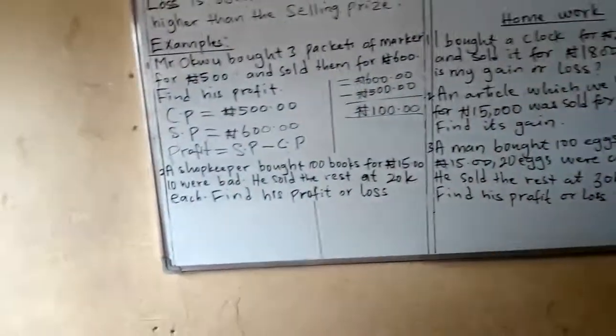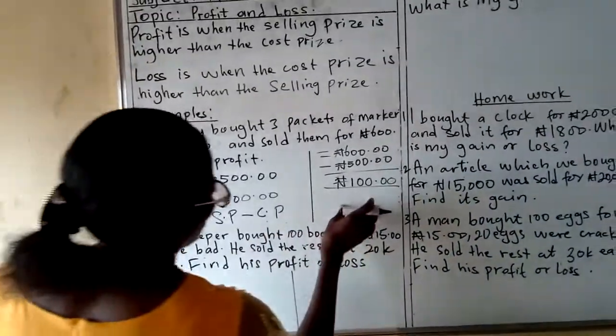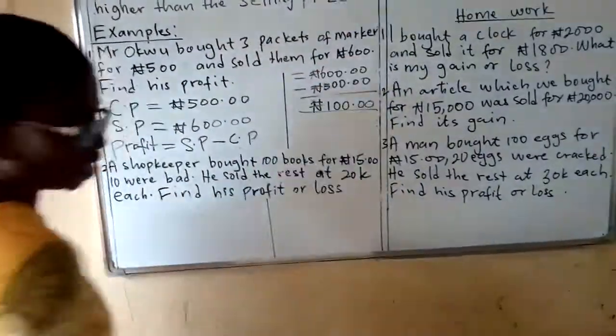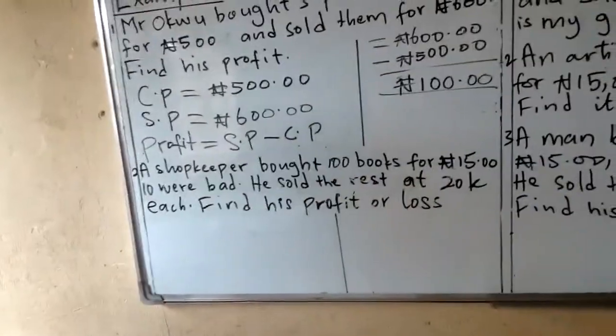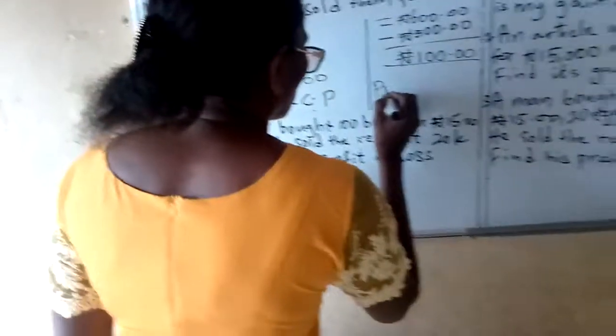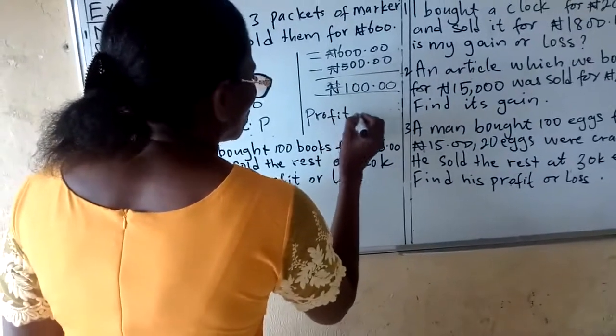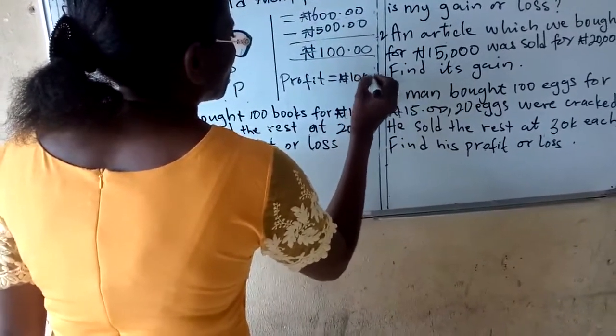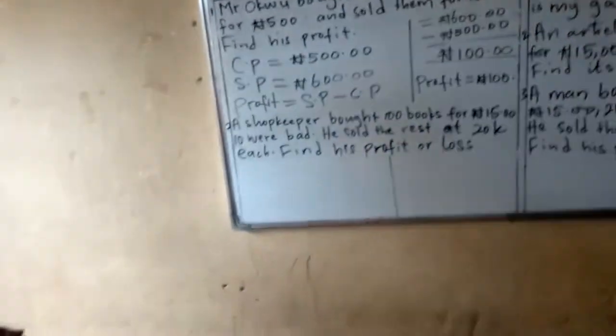So you can now see that Mr. Oku made a profit of 100 naira from the 3 packets of marker he bought. Okay. Let's go over to example 2.